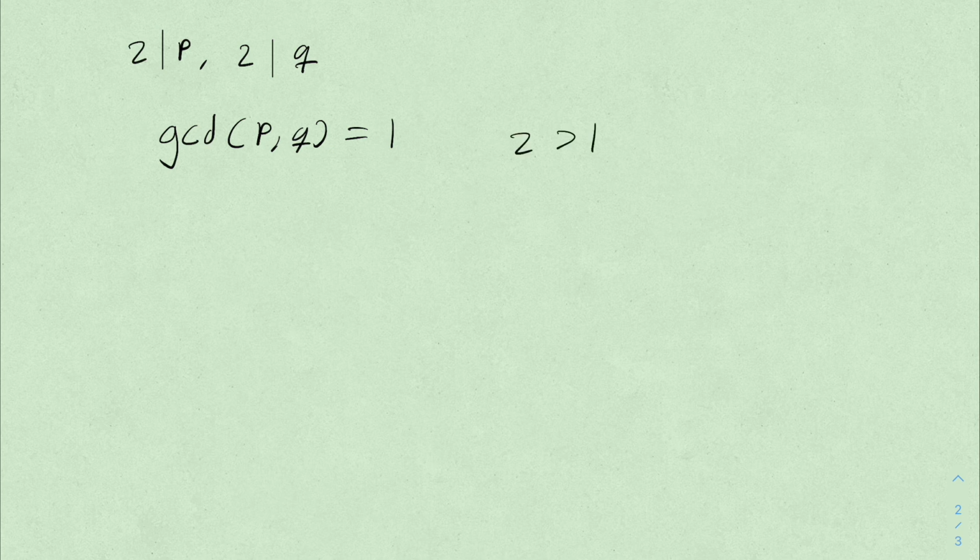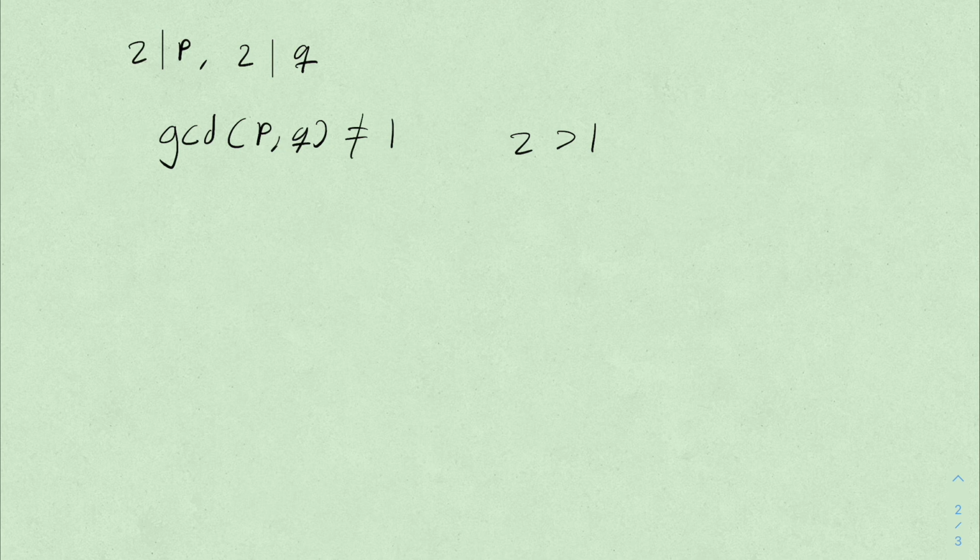Okay, now this sort of creates a problem because we assumed above that the greatest common divisor of p and q was equal to 1. But now we're seeing that 2 divides both p and q. And because 2 divides both p and q, and 2 is greater than 1, this creates a contradiction, meaning that the greatest common divisor of p and q cannot be 1.